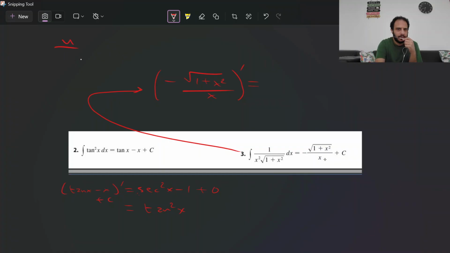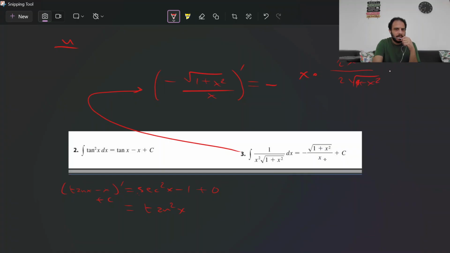You do the quotient rule, dy over dx. It will be needed for the square root. So let me write with you. So minus, then we start with the quotient rule. You have x, times, you differentiate the square root. You get 2x over 2 square root of 1 plus x squared.